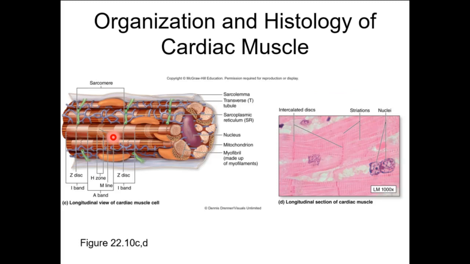Otherwise, contraction happens in the cardiomyocyte very similarly to how it happens in a skeletal muscle. You're going to have several ions involved. It's still going to be related to neurotransmitter release, except that you do have that pacemaker and autorhythmicity of the heart from that SA node. It will be influenced by your autonomic system, but not initiated by your autonomic nervous system is the best way to say that.